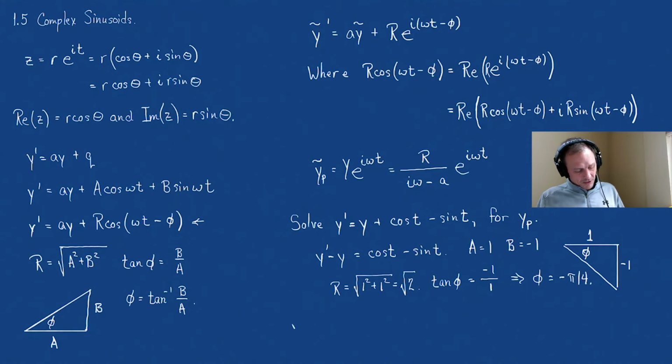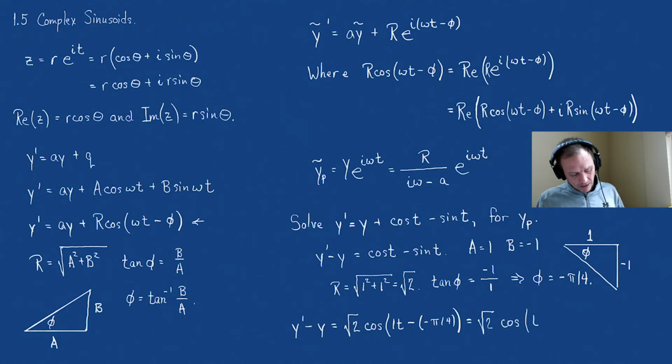In other words, our differential equation now is y prime minus y is equal to r, so the square root of 2 times the cosine of omega, in this case is just 1t, minus now our phi angle, which is negative pi over 4, so minus minus pi over 4. And we'll clean that up right now. So this is really just the square root of 2 times the cosine of t plus pi over 4.